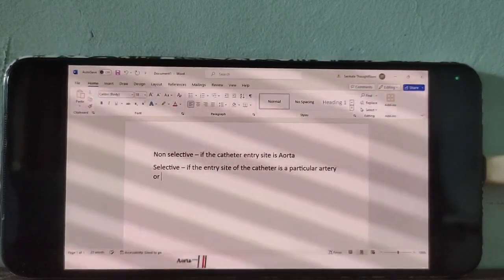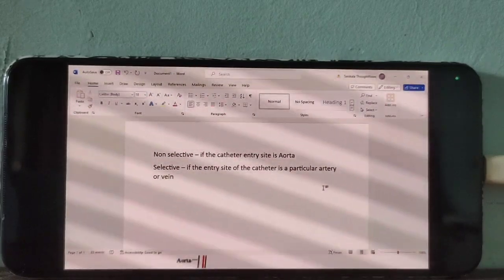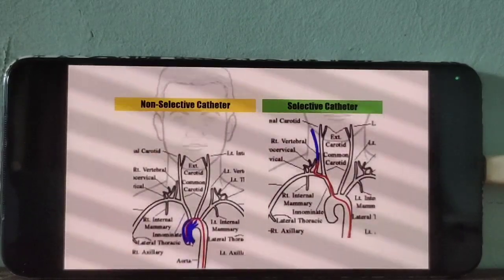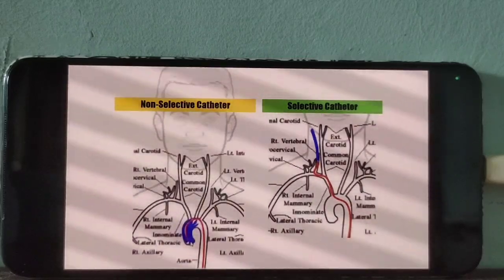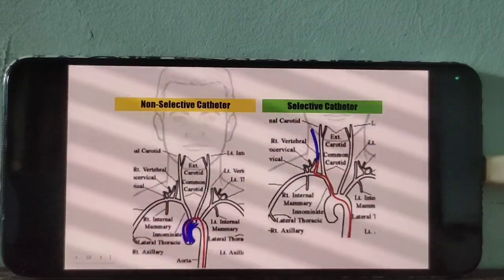A particular artery or vein means that is selective. If I see the image, if the entry site of the catheter is the aorta, that is non-selective.